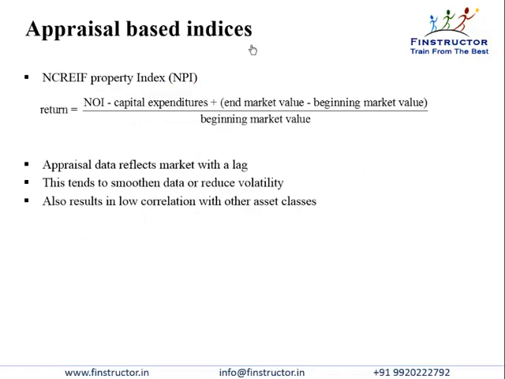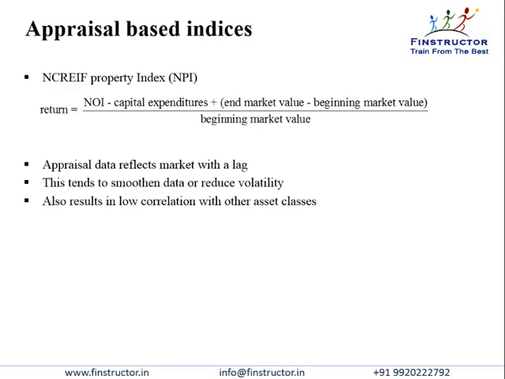Now, constructing indices for real estate is generally a little difficult because so many frequent transactions are not there. Constructing indices for stocks is much easier because a Reliance stock or a Microsoft stock gets traded thousands of times during the day. So a fair price or a last traded price is very easily available.